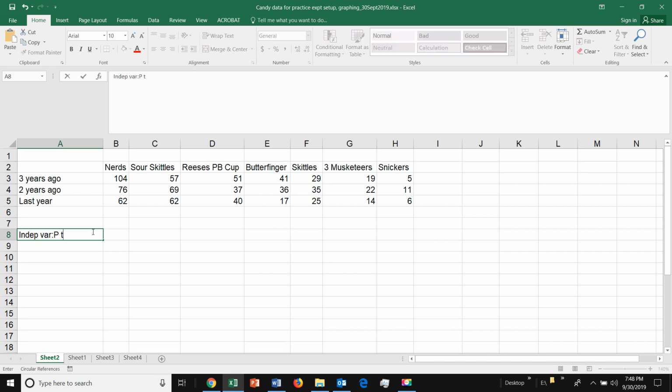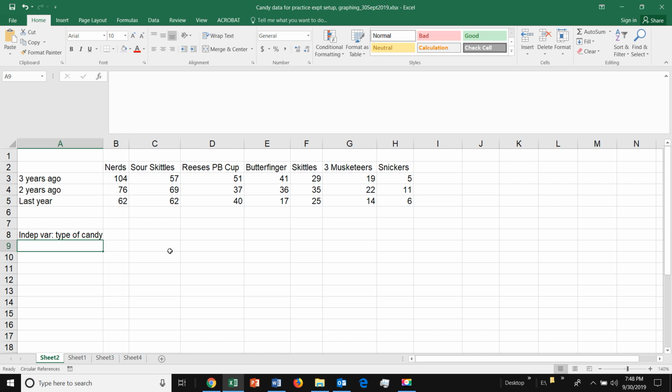Independent variable, type of candy. Okay, so then the number of pieces of candy that are taken is the other information that we have here. Coincidentally, this is a measurable thing, right? And so our dependent variable always needs to be measurable.